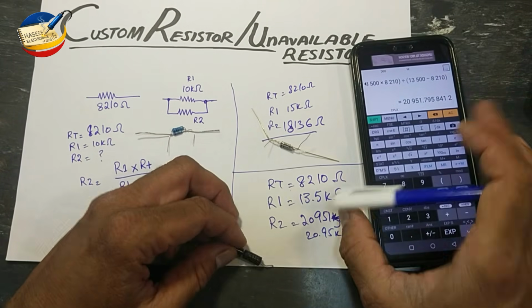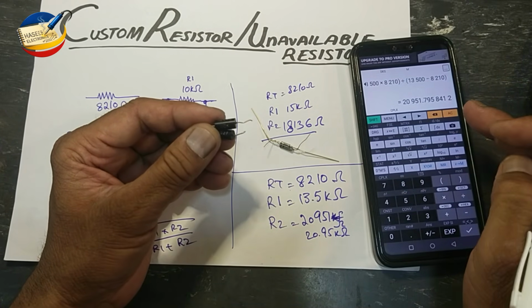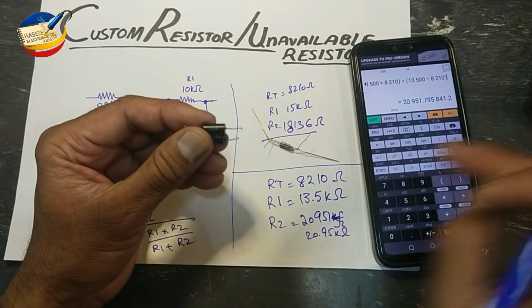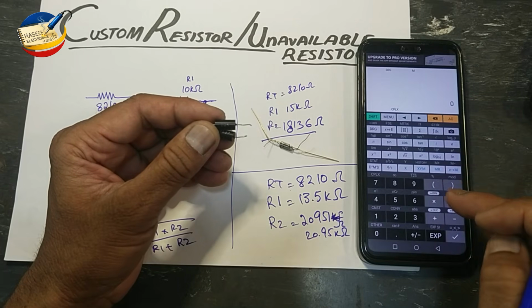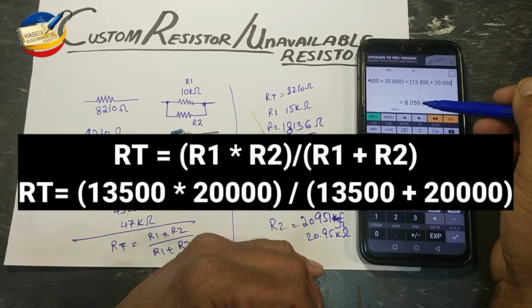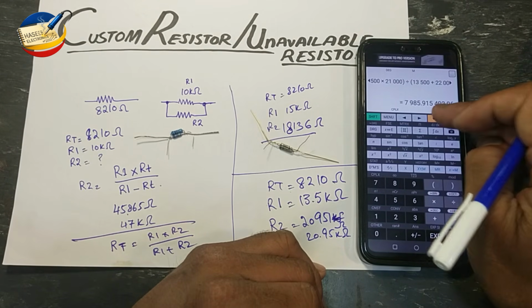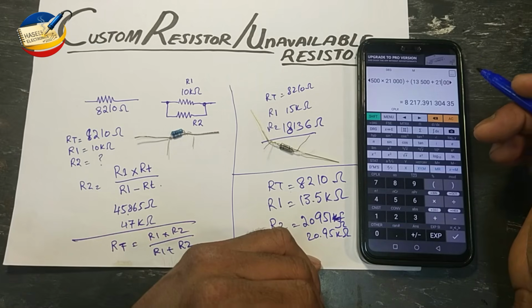If you connect these two resistors together, we can use 21K or 20K. Now we will see what happens if we connect 20K. Target value will be 8059. Okay, with 21K it is 8217.